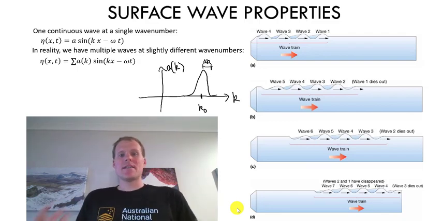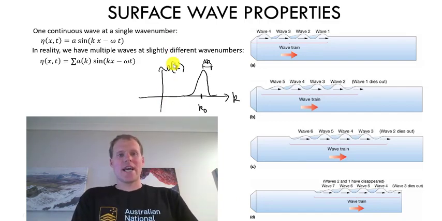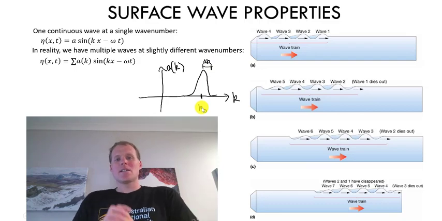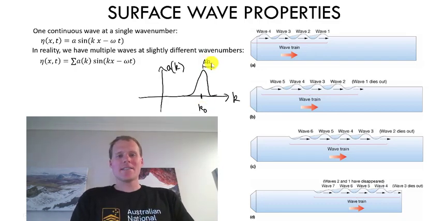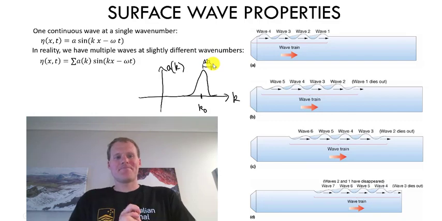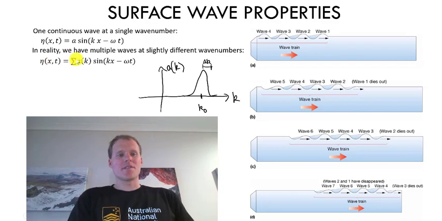And we represent this as something called a spectrum. So we can draw that as an amplitude of waves as a function of k, and there's some amplitude that varies with k. And that is peaked around the reference wave number for that group, which is this k0, and it has some narrow width around that.